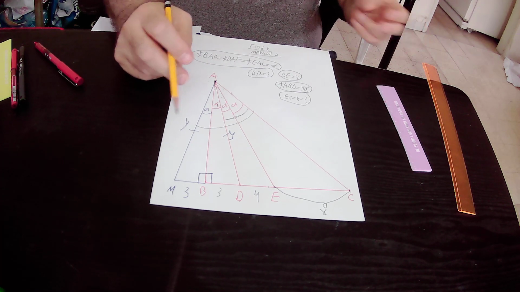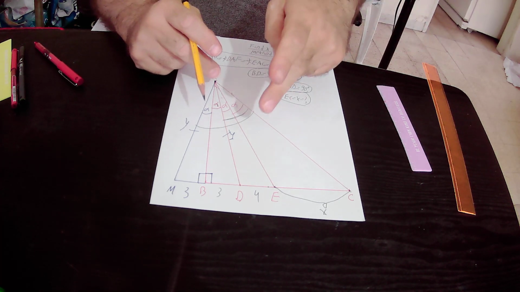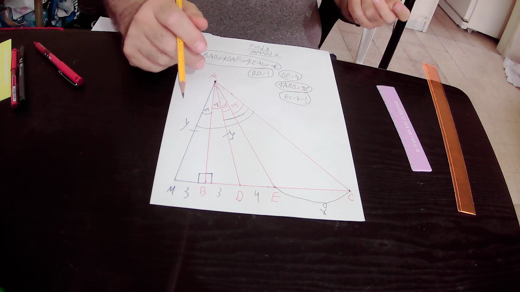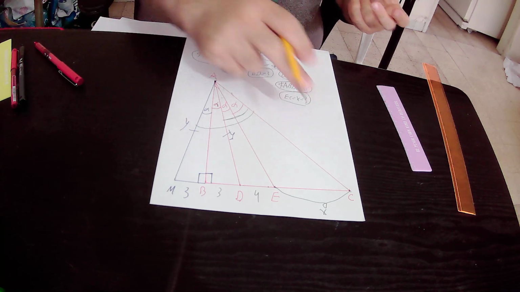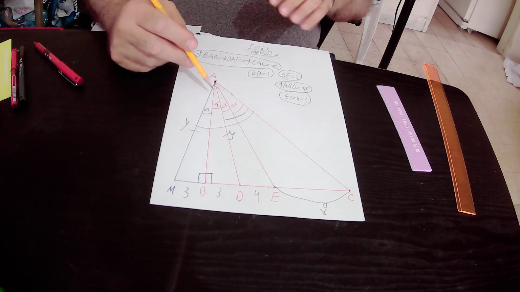That is to say, angle bisector AD divides angle MAC into 2 equal parts.